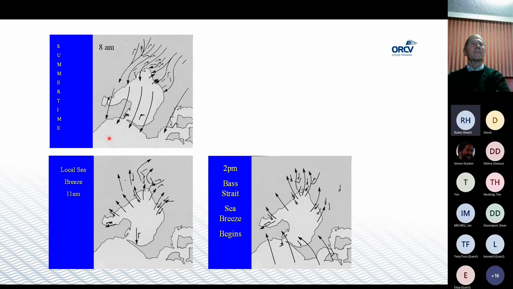It's cold over Bass Strait and warmer air on land, so the air comes in from the north. The sea breeze develops best when you've got calmish or light northerlies, because the northerly assists the flow in the upper atmosphere of the circulation.